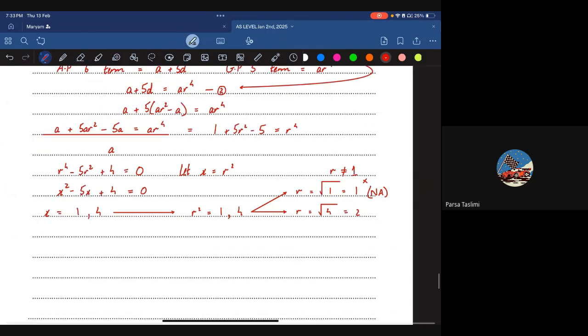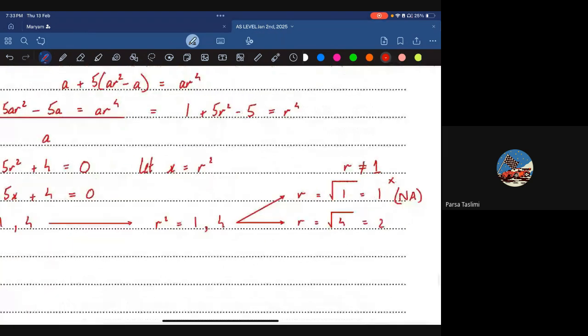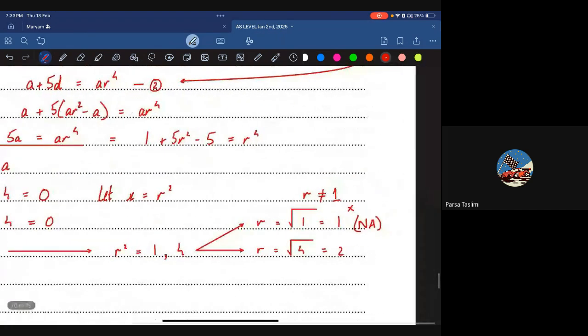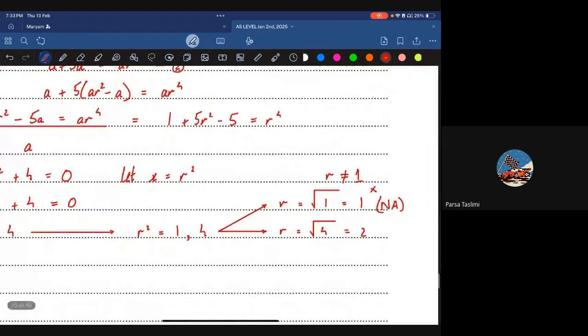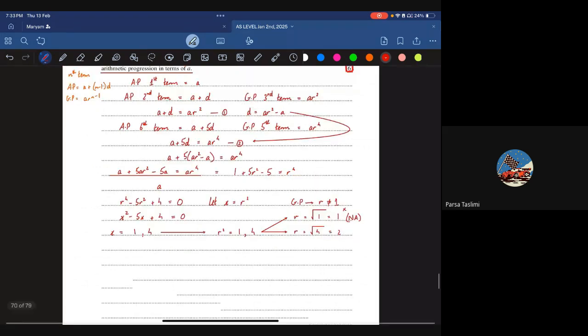For GP, you're not supposed to find the sum simply. Clear? Okay. Now I found R.